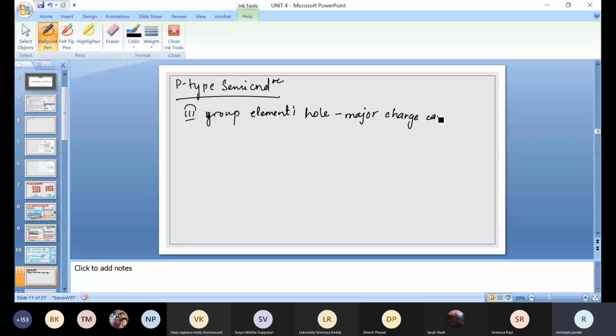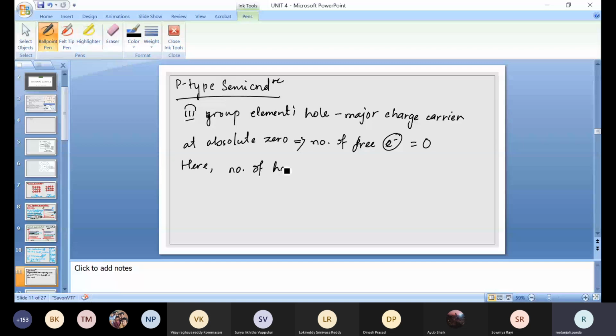And in this case, at absolute zero, the number of free electrons is equal to 0. And here the number of holes is always more than the number of free electrons.